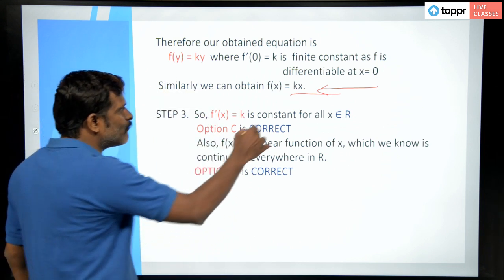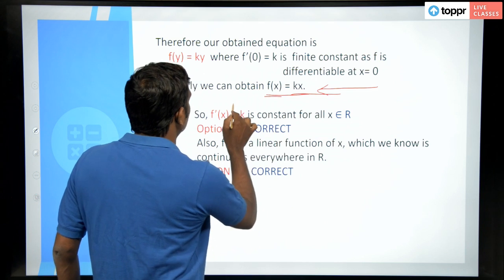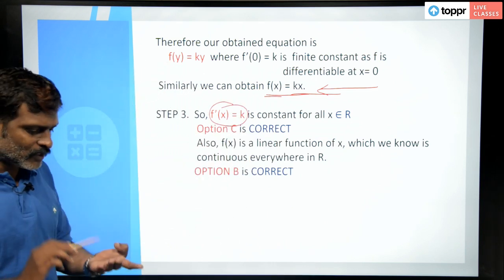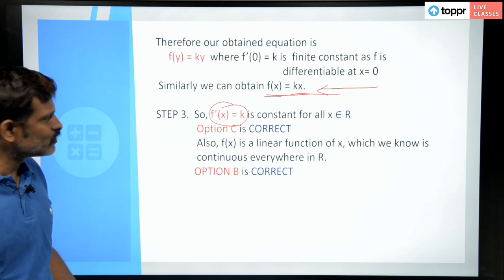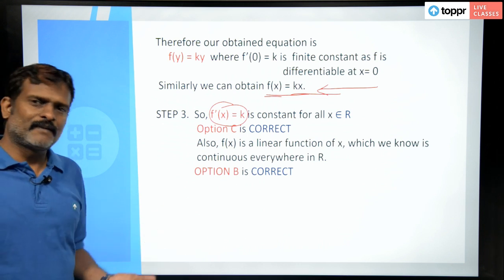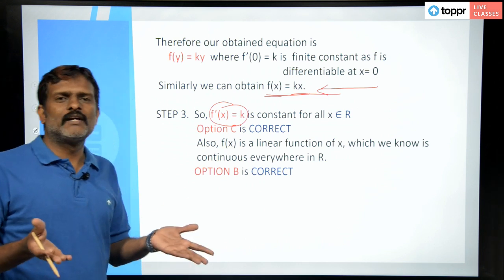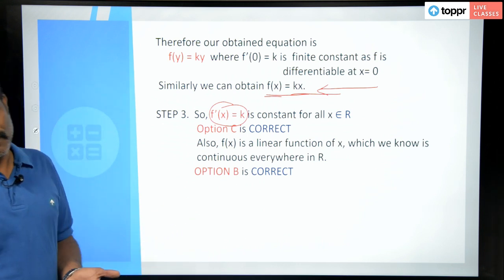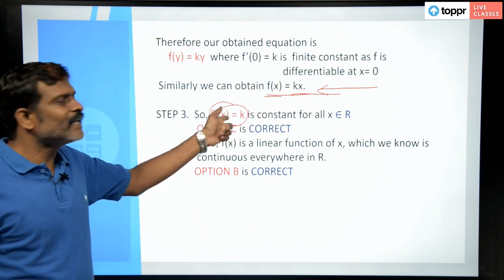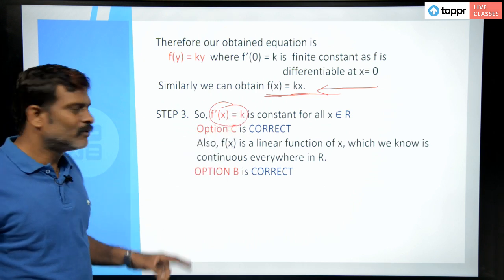In the same way, when you differentiate this you get f dash x is equal to k. So, first we found it is a continuous function and then it is also a constant derivative. When you differentiate a linear function you get only a constant because the variable gets eliminated, right, like here if I differentiate, x goes off and I simply have f dash of x is equal to k.